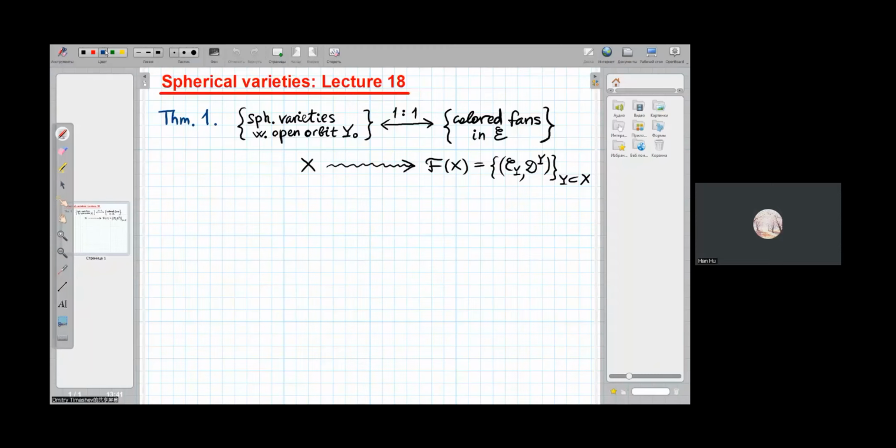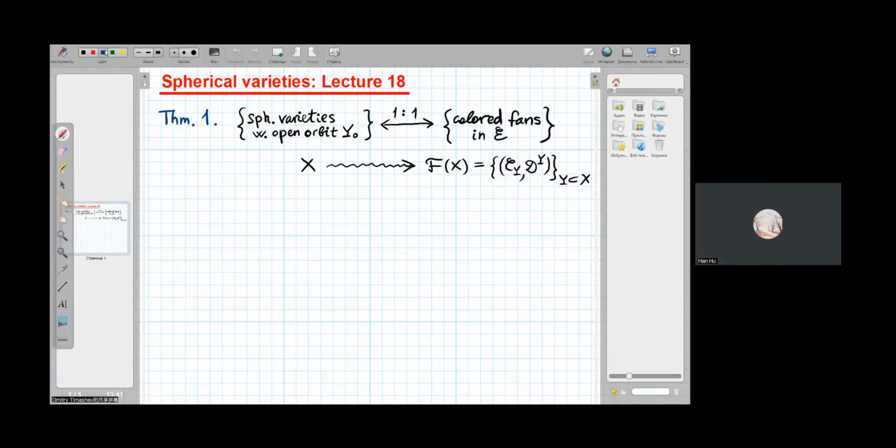We have already proved at the previous lecture that this collection of colored cones is indeed a colored fan. That is, it is closed under taking colored faces, and for any two cones from this collection, the interiors do not intersect inside the valuation cone.